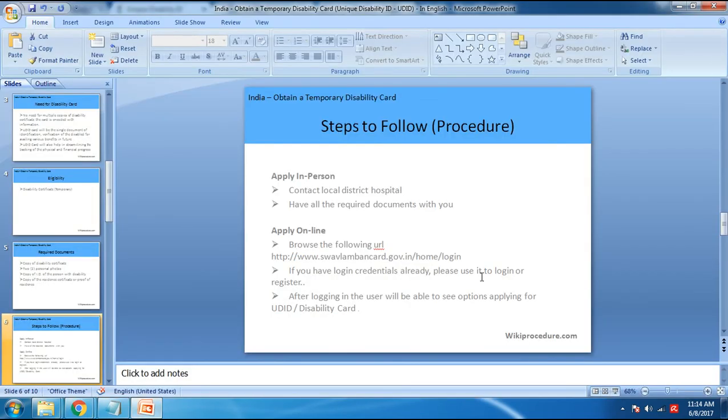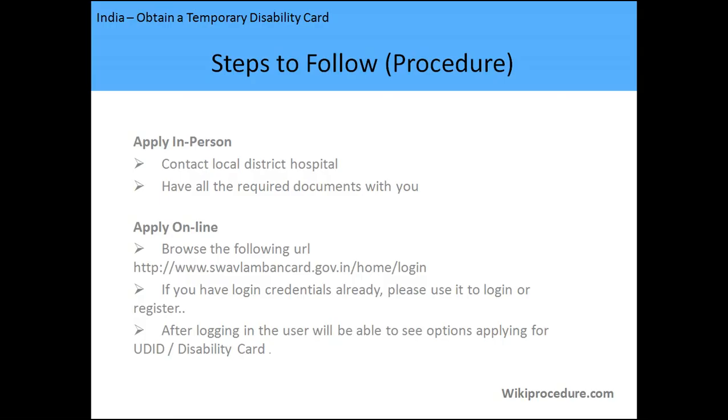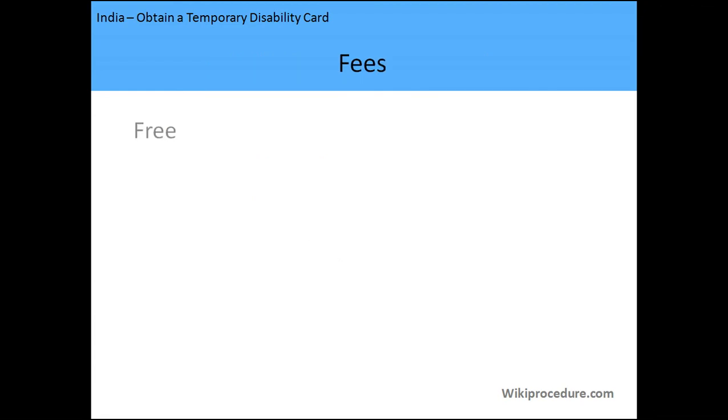So going back to the slides, the fee for applying for a temporary disability card is free. You don't have to pay anything, and the validity of the temporary disability card is 5 years.